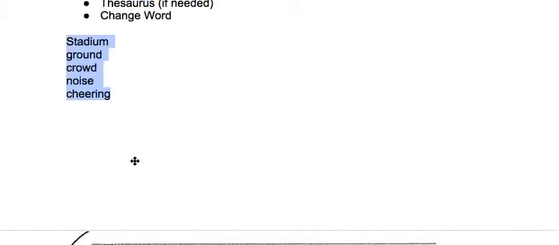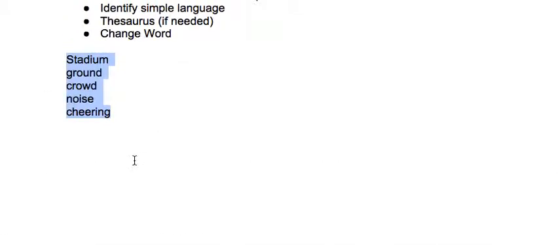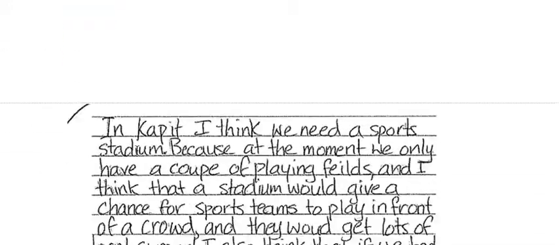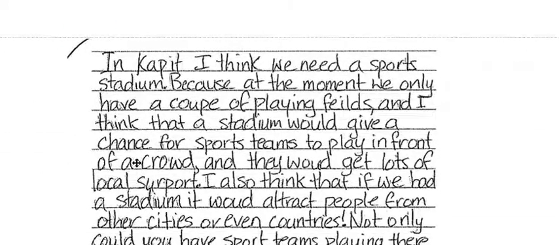I could use a thesaurus if I needed to, but I'm going to add a word in here, maybe supportive crowd. Boisterous crowd sounds great. That's what I would add in there. So by simply adding that, I'm increasing the vocab. I'm creating more meaning for the reader. Therefore, my writing is improving.